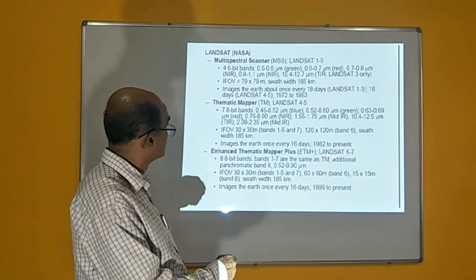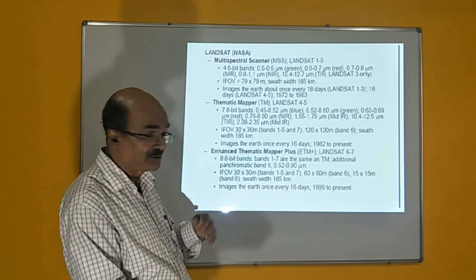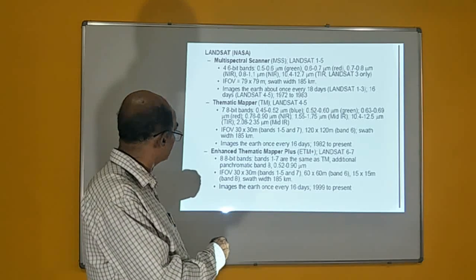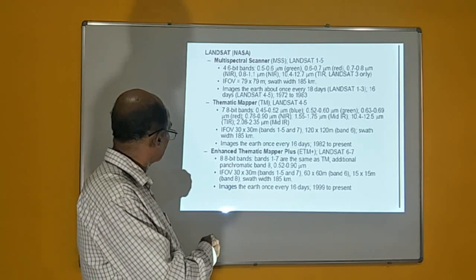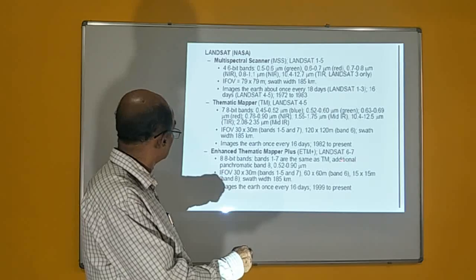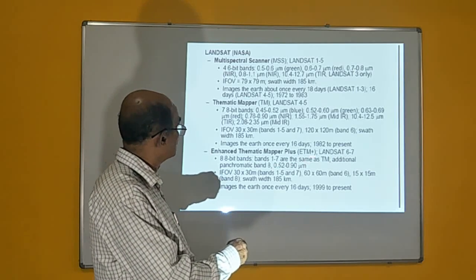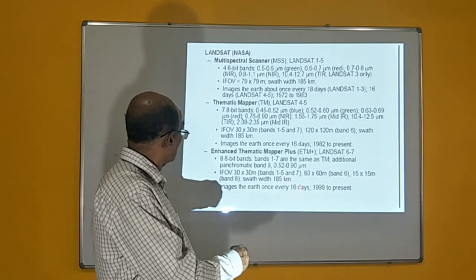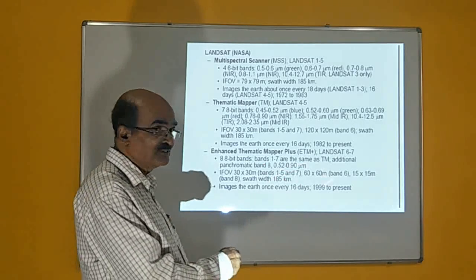And from Landsat 6 onwards, they introduced one more sensor, enhanced thematic mapper plus, which collected the data in 8 different spectral bands, and which was almost identical to the thematic mapper. These are some of the other specifications, repeatability and its path width and all.